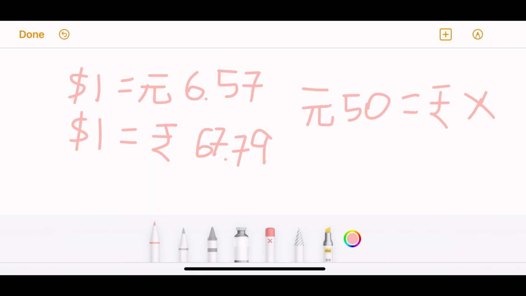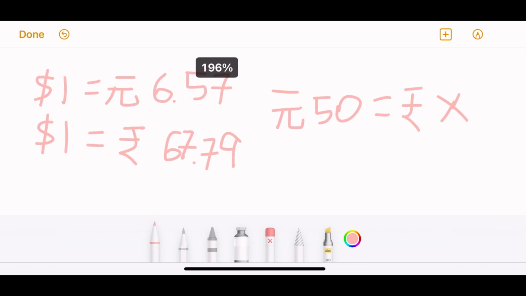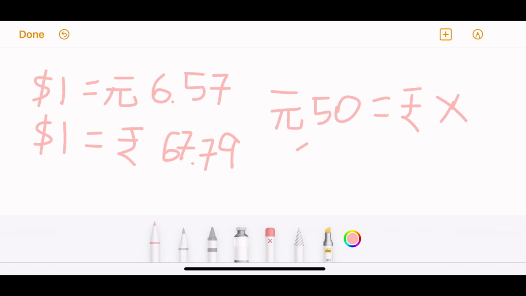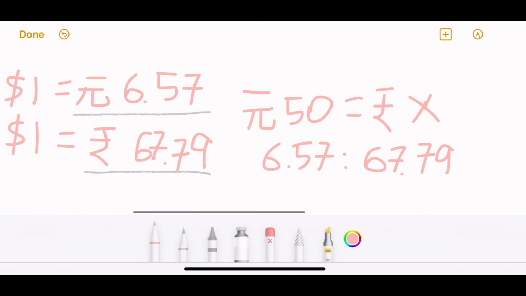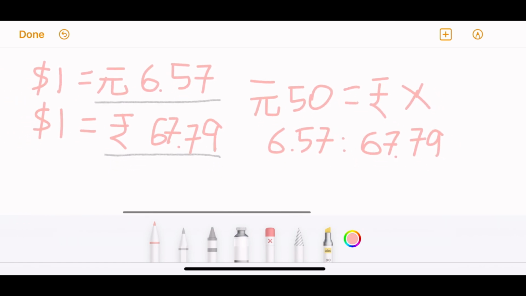Again, we will use the ratio because that's the easiest way to solve these types of questions. Since both this and this equal $1, we can equate them and end up with this ratio, 6.57 to 67.79, and that's the ratio from yuan to rupees.